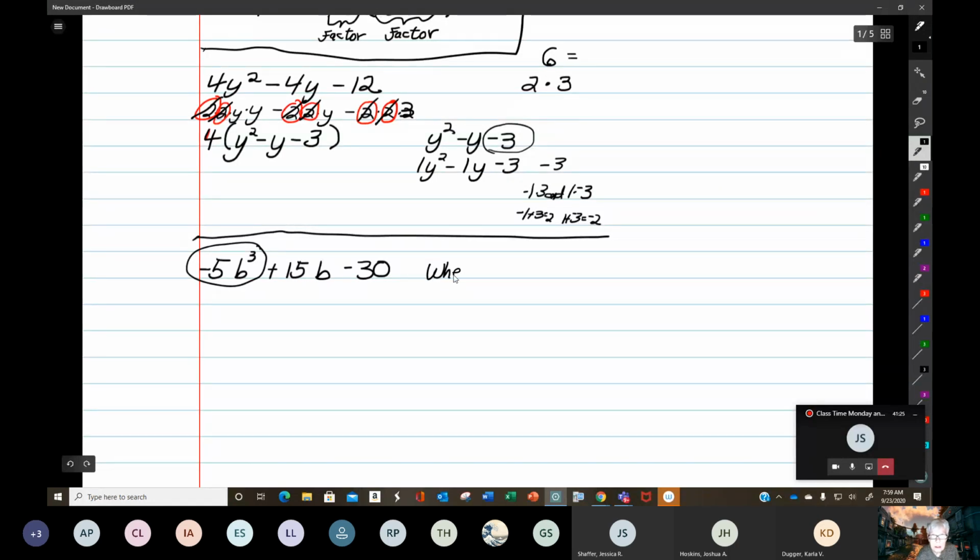When the leading coefficient, in other words, the number in front, is negative, as this is, it's -5, when the leading coefficient is negative, the GCF, the greatest common factor, must be negative.